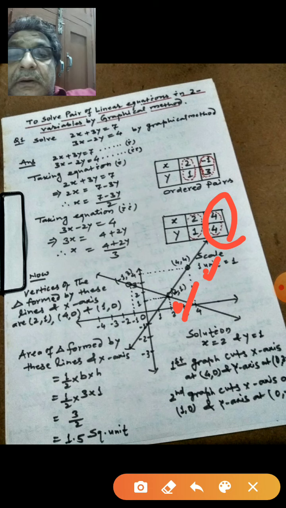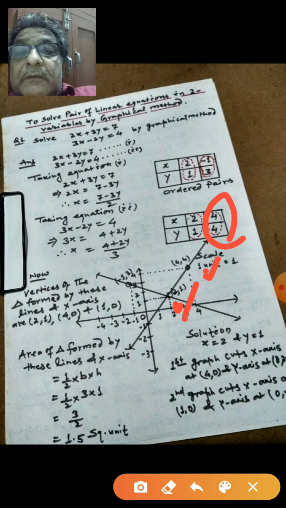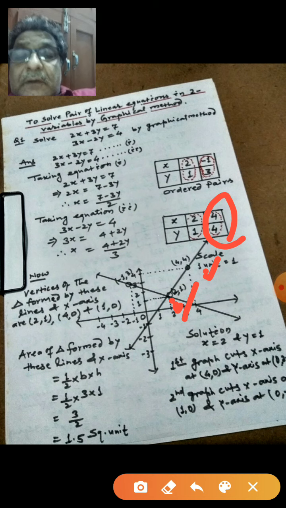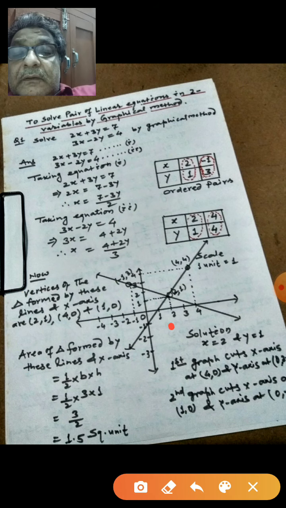You have already read that when the graphs intersect, then the system of equations, that is the pair of equations given, has a unique solution, that is, one value of x and one value of y, and this solution comes from the point of intersection. So from the point of intersection, if we draw a perpendicular to the x-axis, it meets at 2, and at the y-axis it meets at 1.